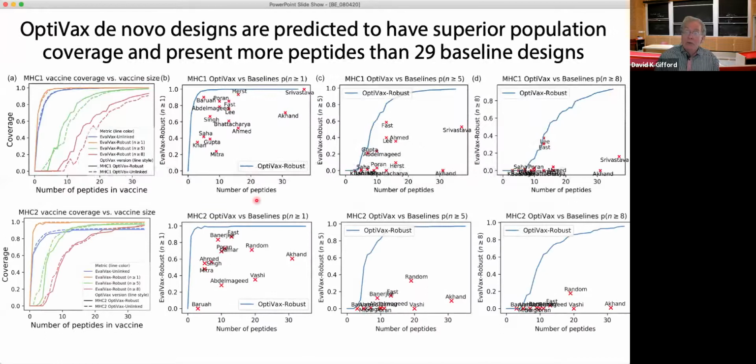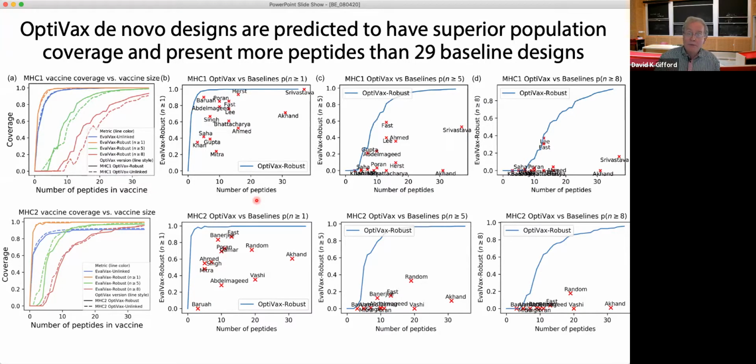So in order to do this, we used our same framework, but we didn't include a subunit as a starting peptide set. Instead, we did a de novo design, and we compared our de novo design using the combinatorial optimization procedure to 29 baseline designs that have been put in the literature in the past few months.